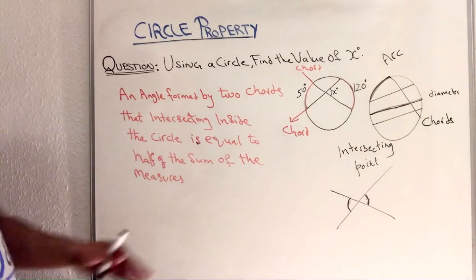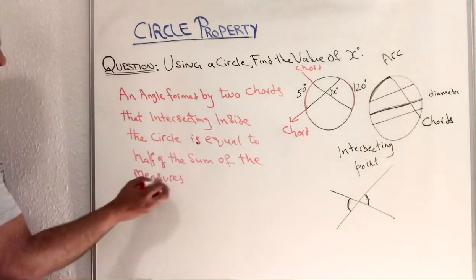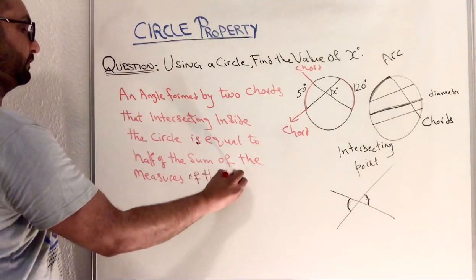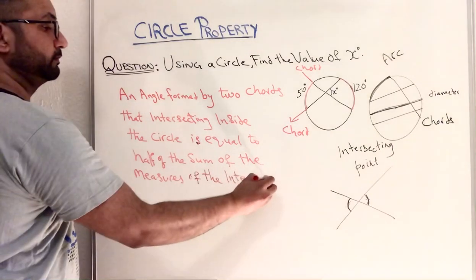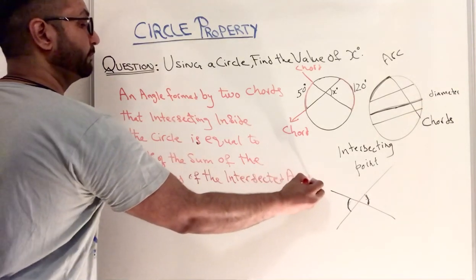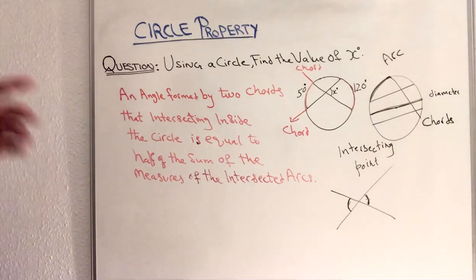This is the intersected arc. This is the definition of that. So now we will prove it and find out how to find the value of x.